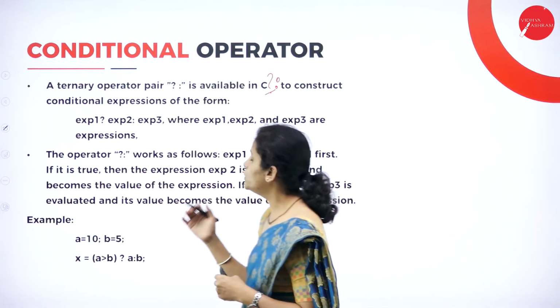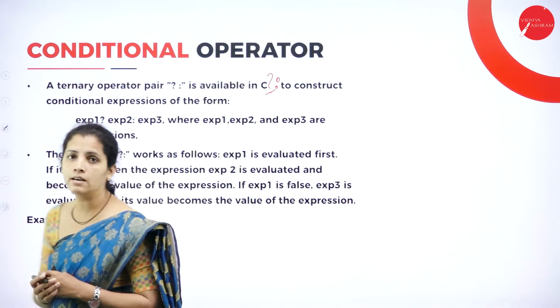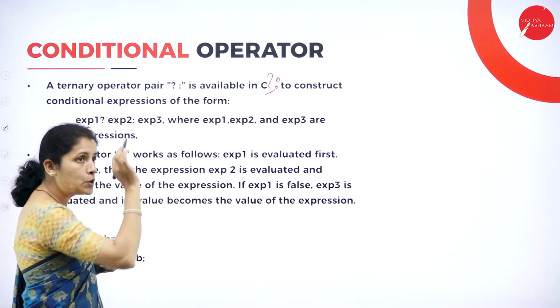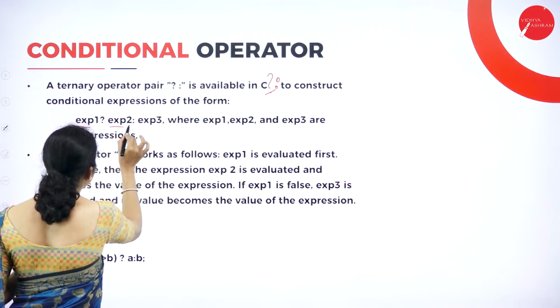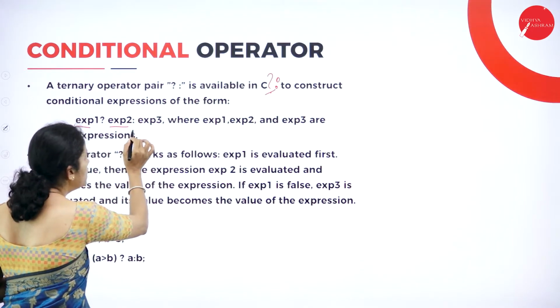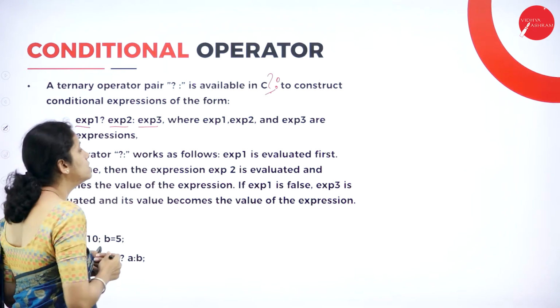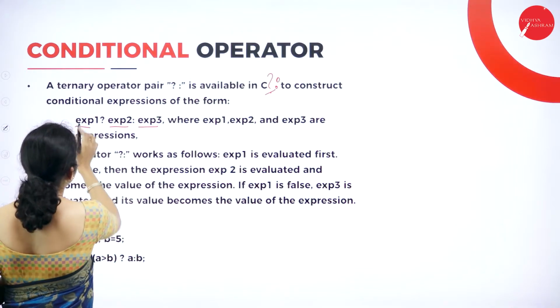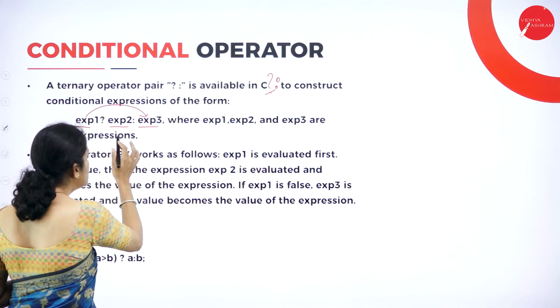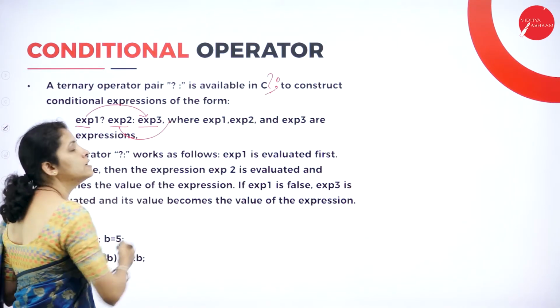And I'm going to have the syntax here. At the beginning, I'm going to have the expression, question mark, and I'm going to have the second expression, and colon, I'm going to have the third expression. If this expression is true, return this one, else return this result.